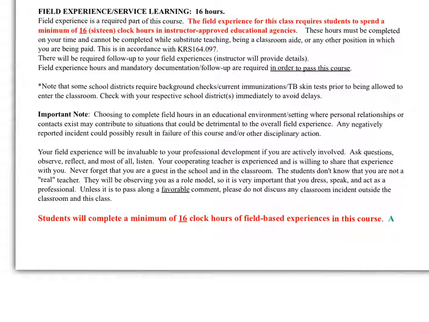You're required to do 4 hours in middle grades. So any combination of 6th through 8th grades, 4 hours, no less. You can do additional hours if you like, but no less. High school, a minimum of 4 hours, any combination of 9th through 12th. Hear me say this, you cannot do all 4 hours in any of the ranges in just one grade.